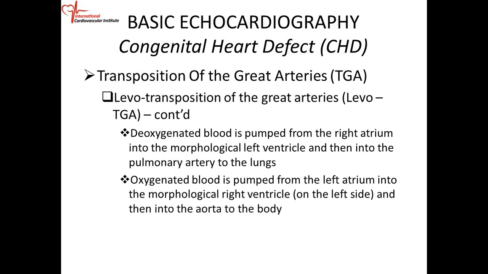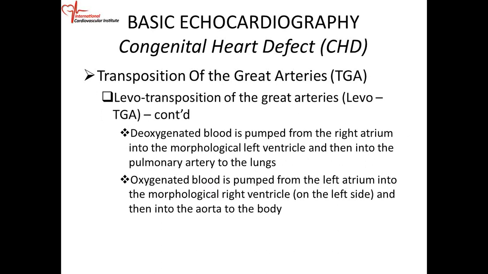So what you're going to see is the lower AV valve is now on the left side. So right away, you should say that the RV and tricuspid valve is on the left side, and then on the right side, it's the LV. So you can quickly distinguish which is which using basic information that we keep on stressing.